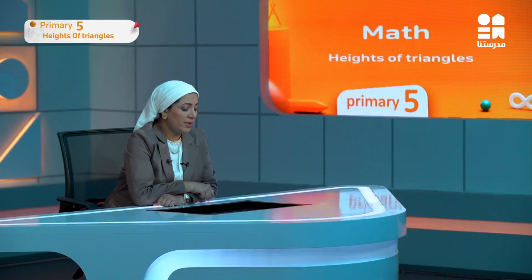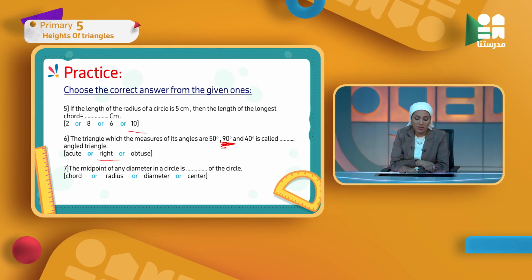Now let's move to another question, and the last one we have today. The midpoint of any diameter in a circle is what of the circle? Do you remember the diameter? It is the line segment that joins two points on the circumference of a circle and passes by the center of our circle. In other words, it is the longest chord that we have in a circle.